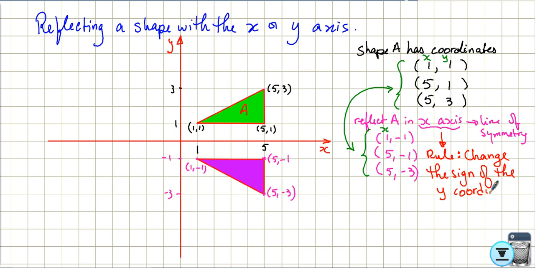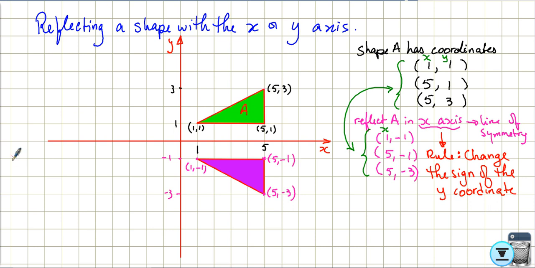As you have seen, when we reflected shape A in the x-axis, the y-coordinate from positive became negative, so we have changed the sign of the y-coordinate. Now, I am going to reflect shape A, this time in the y-axis.